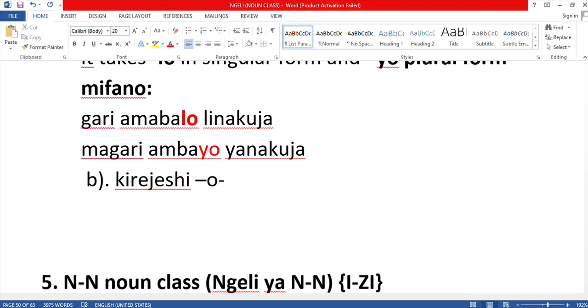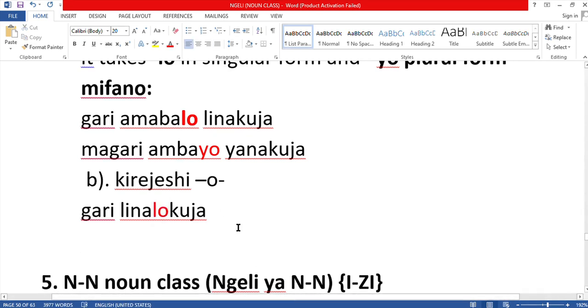Okay, gari linalokuja. So it also takes the lo and yo. Gari linalokuja. It is this one word, linalokuja. Lo is attached on the verb actually.